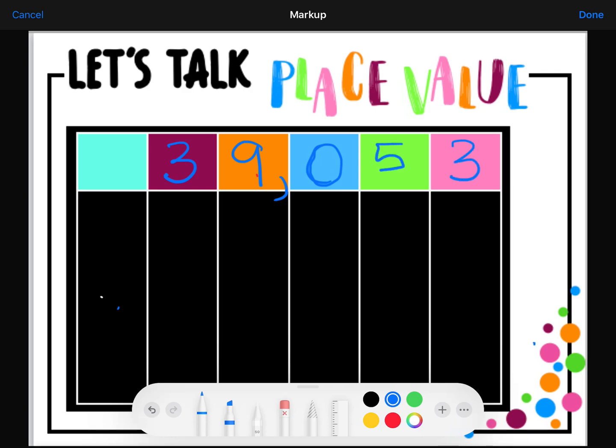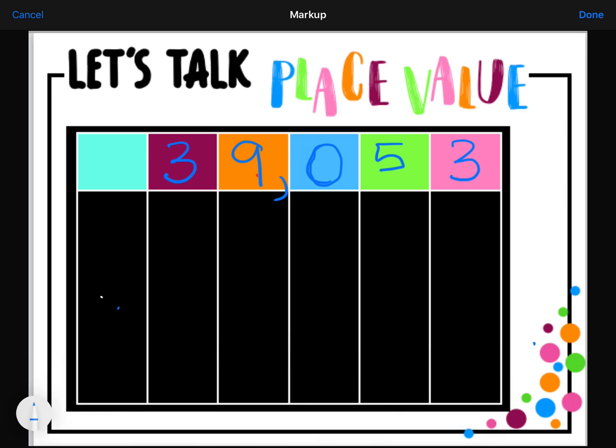Okay, so again, I have 2 3s in this number, but one is a lot bigger than the other because of which house they are in. This is the 10,000s, the thousands, the hundreds, the tens, the ones.